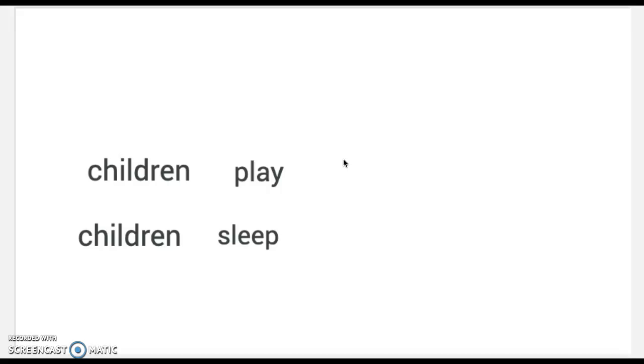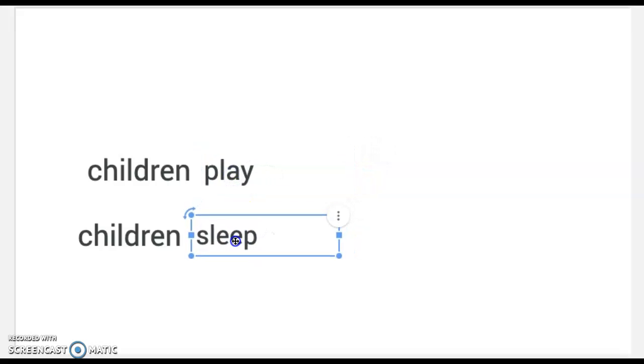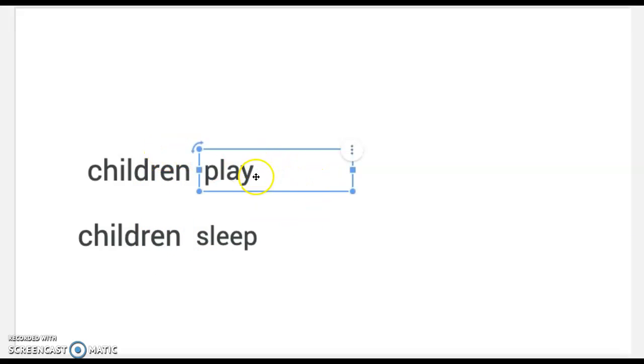Well, actually, it does, because children play. All we need to have for a sentence is a noun and a verb, and we call them a subject and a verb once we put them in a sentence. So our nouns are the ones that are the subject, and our verbs are the predicates.